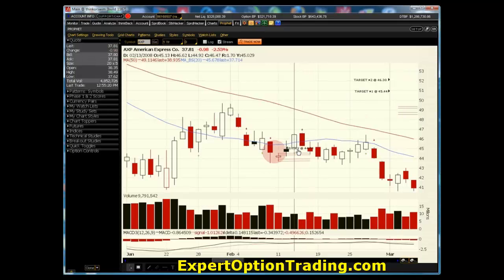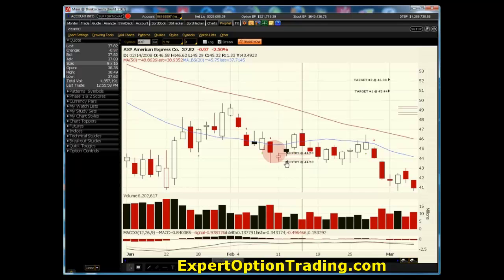For this particular inside day, our entry on the long position would be $44.58 on the long side. As I hover my mouse over this inside day bar, you can take a look up here to see exactly where the high was. The high was $44.57 on this day. We simply add a penny to that, and we create our entry price of $44.58.